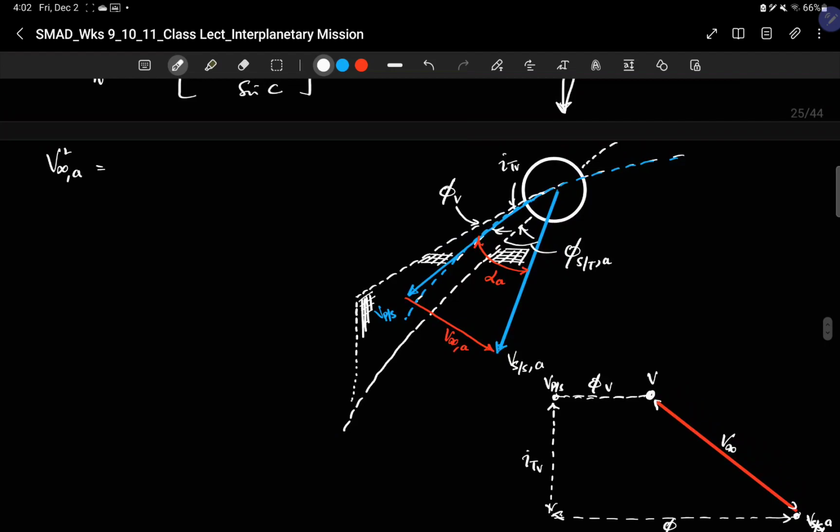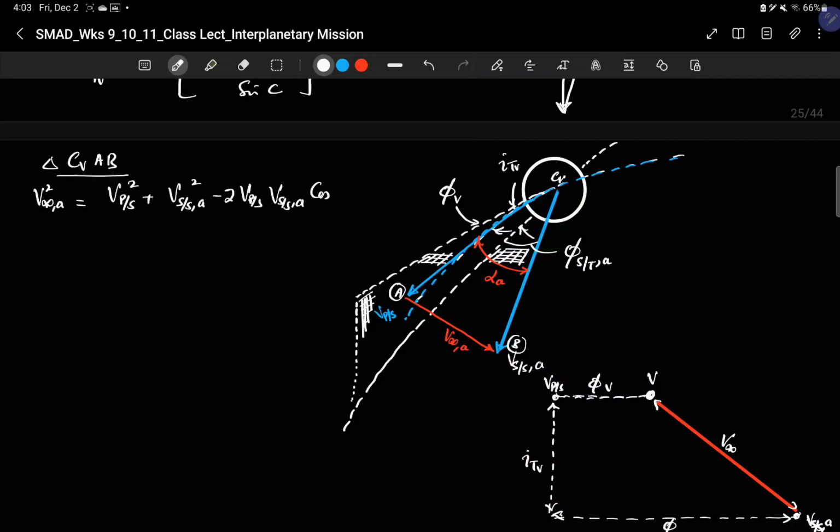Okay, for V infinity square at arrival, we use the triangle; let's call the vertices center of Venus, A and B. If we solve this triangle, we can get the value by the simple planar cosine rule: V infinity square at arrival equals the velocity of the planet with respect to the sun square, plus the velocity of the spacecraft with respect to the sun at arrival square, minus 2 VPS VSSA into cos of which angle?